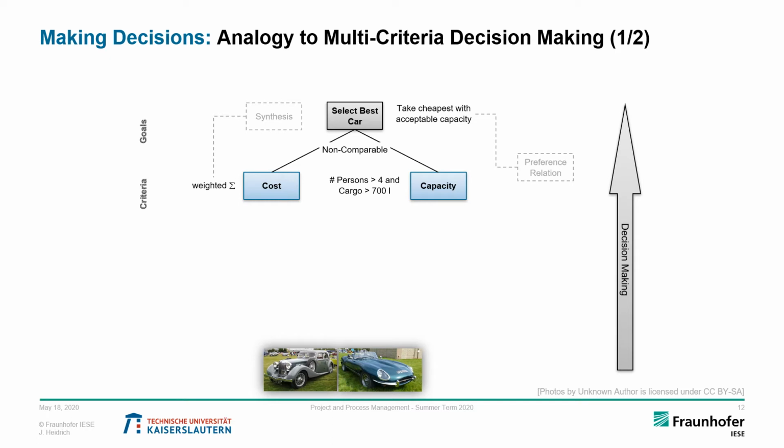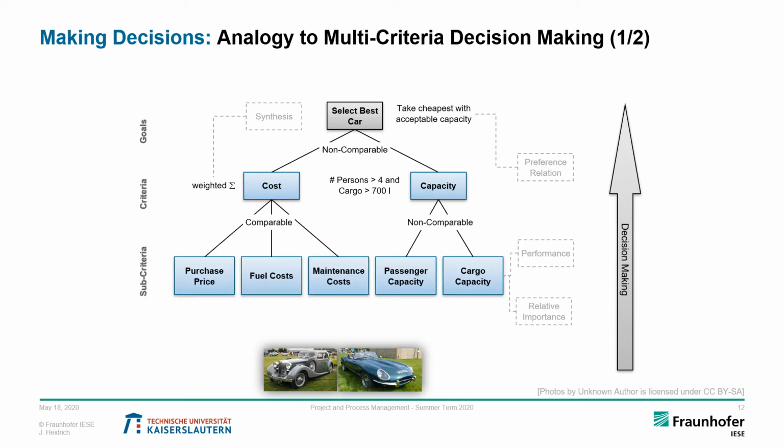We want to select the best car based on some criteria. Cost is one criterion here. And the capacity, which we say we want to have a car which has a capacity of more than 4 persons and a cargo load of more than 700 liters.